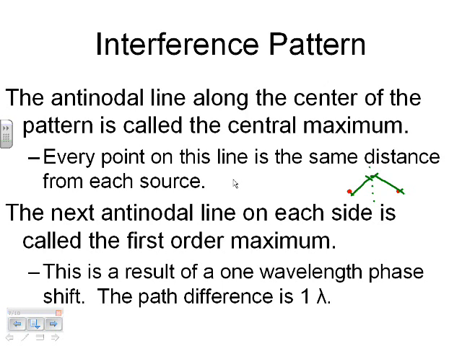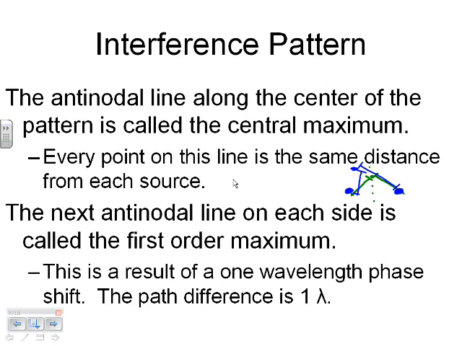So if we go back to our little drawing up here, and we'll draw our two sources a little bigger, if we're talking about a spot on the first antinodal line here, let's say this is a certain distance here, there's a certain distance there. The distance from the further one would be exactly one wavelength more.